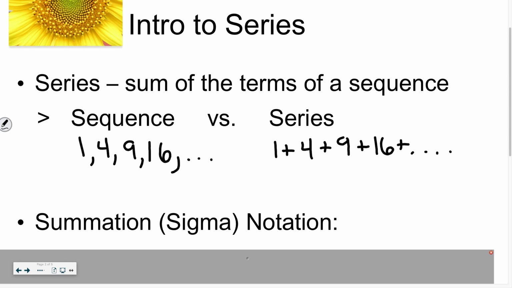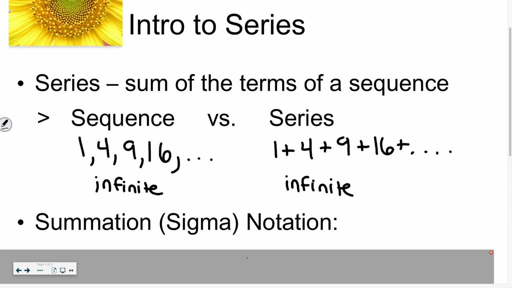Okay. Now, the way I have written my series here on the board and my sequence, these are both infinite. This is an infinite sequence, and this is an infinite series as I have it written, right? The ... implies it doesn't stop. So if I asked you, if I kept going, plus 25, plus 36, plus 49, and I just leave it open, could you ever calculate the sum of that infinite series?